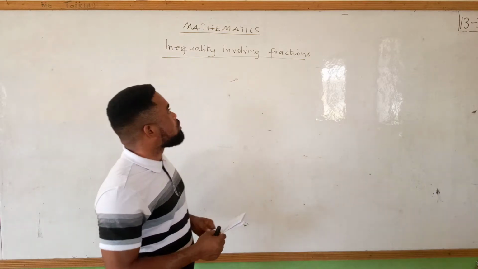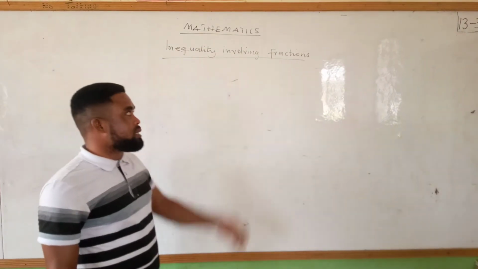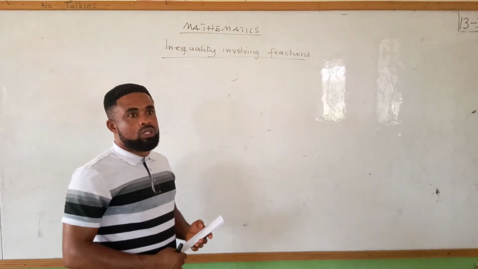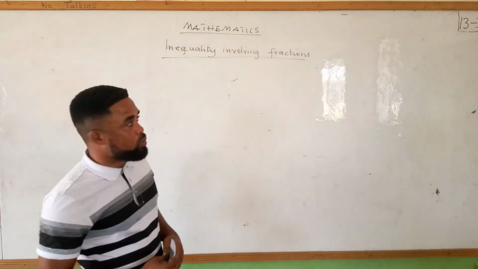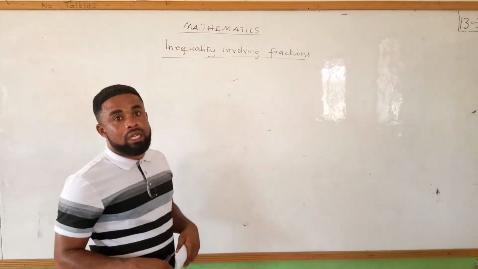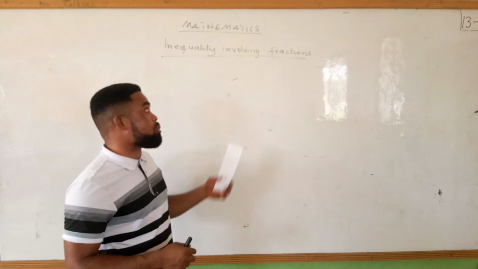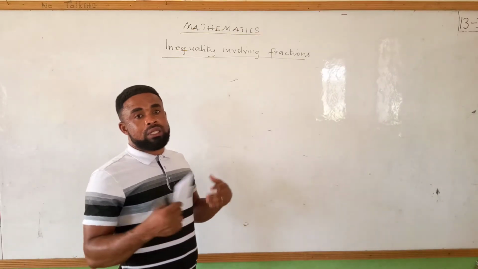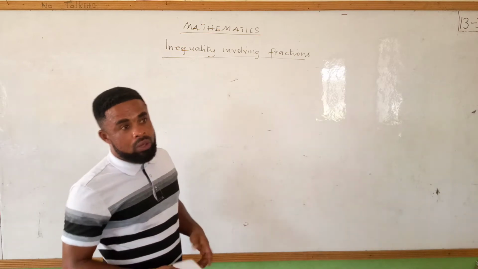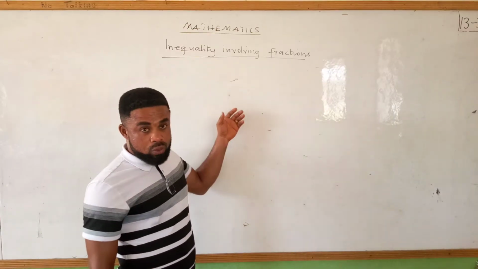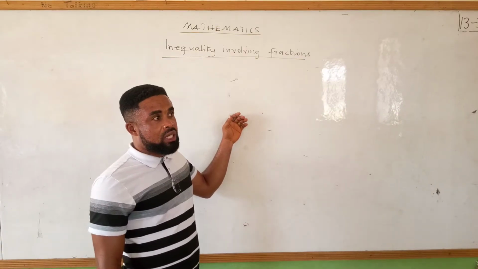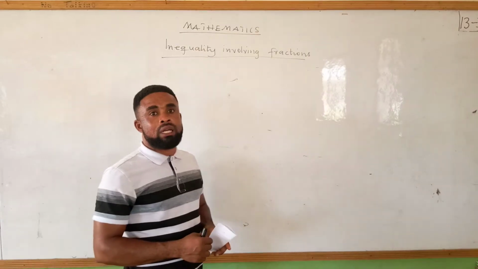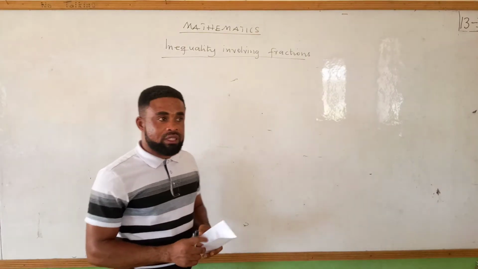Okay. Today we shall look at inequalities involving fractions. The same approach as we did in the linear equation, just that this time around we are introducing less than, greater than, less or equal to, greater or equal to, instead of the equal sign. So please, let's all concentrate on today's lesson so that we can achieve our objective.